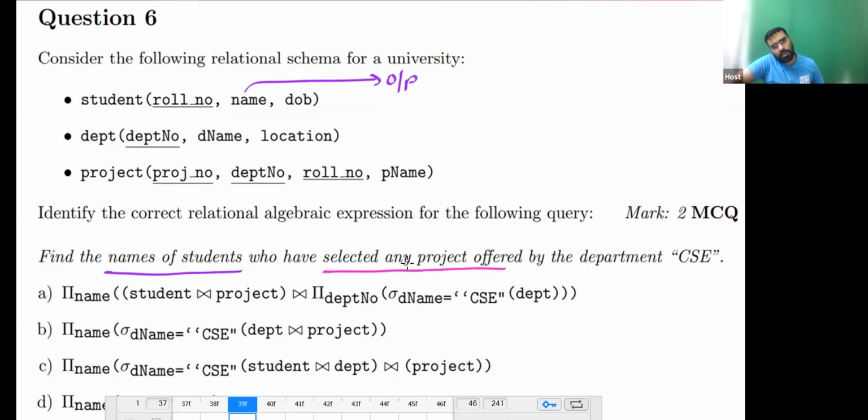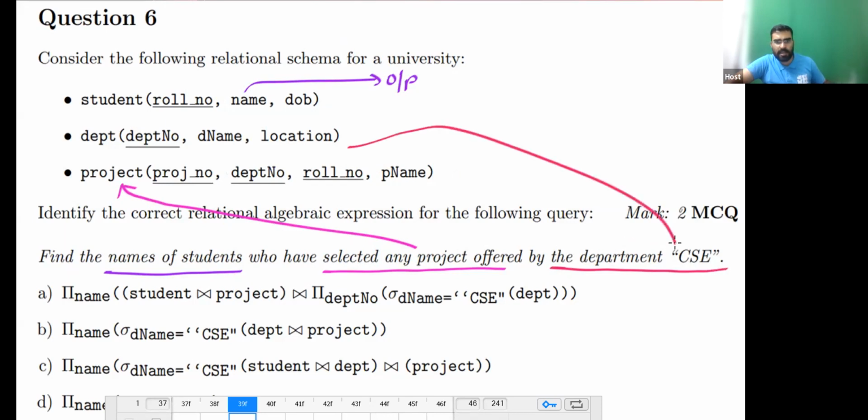This information will be given by this table, right? And who will give you the department name? The department name, this table will give you. So all three tables you definitely need. Agree? So definitely, which option can you remove?